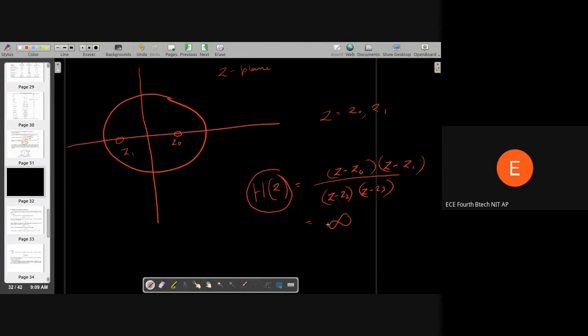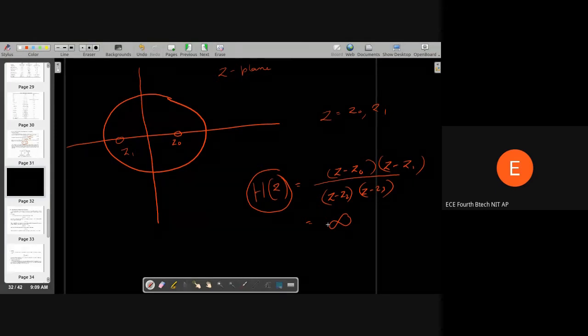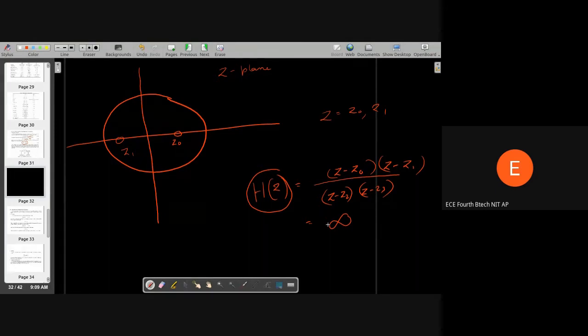So the more correct way to say is that we cannot find the convergent value of H of Z. Those positions, those values where H of Z is not defined, where H of Z goes to infinity, are called the poles.